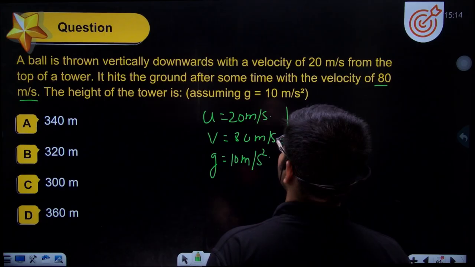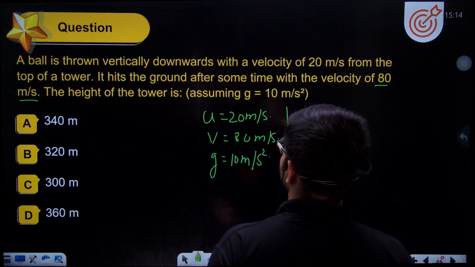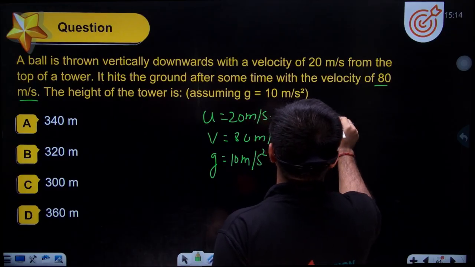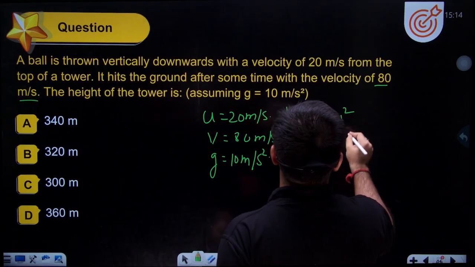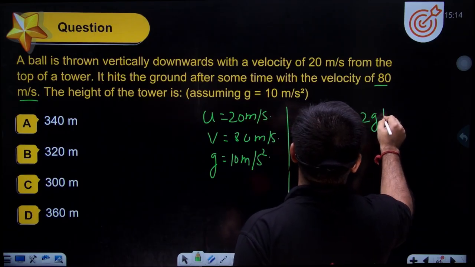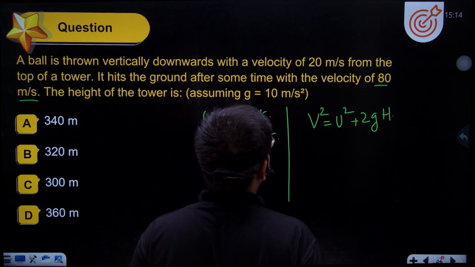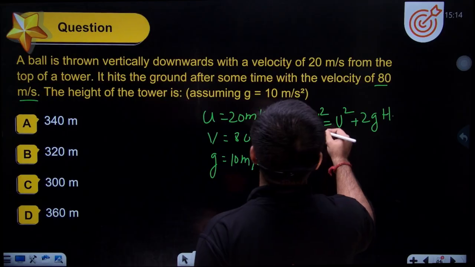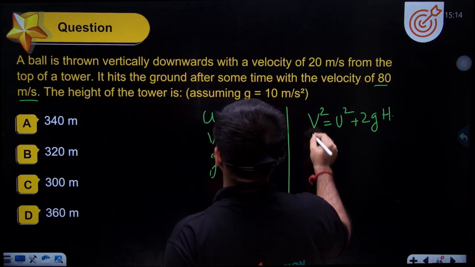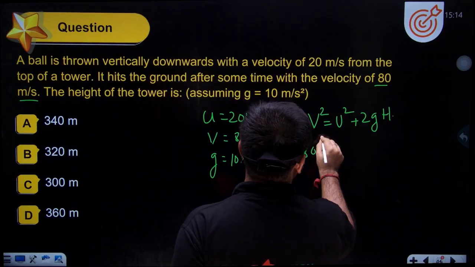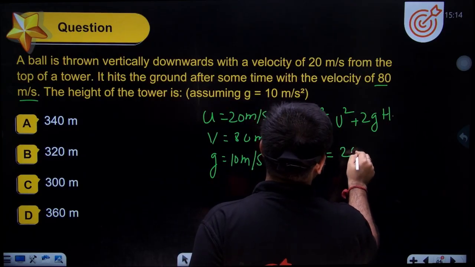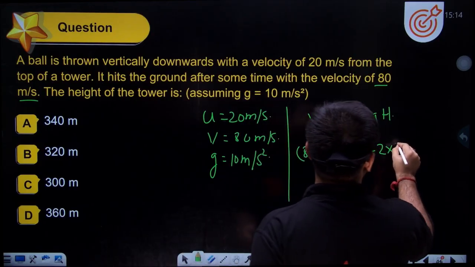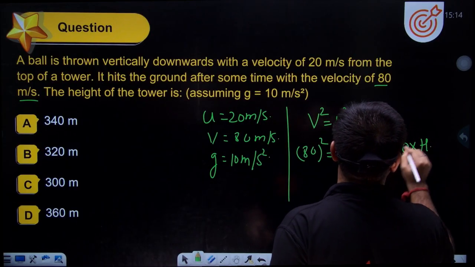We can say that v square is equal to u square plus 2gh. It is thrown vertically downward. So v square is 80 square, u square is 20 square, plus 2 into g value 10 into h.